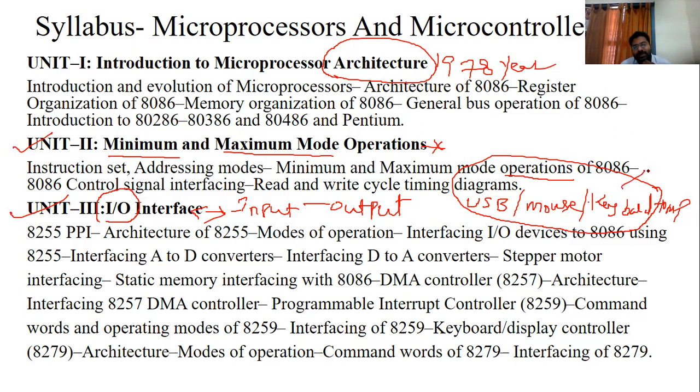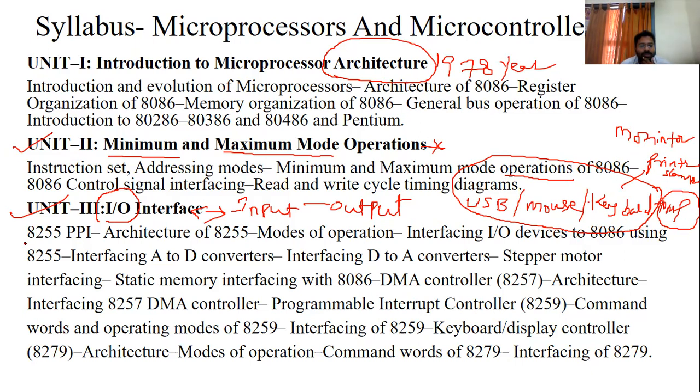These are input and output devices, as well as printers, scanners, and monitors. The microprocessor is not able to control all these devices alone, or connect all these devices alone. So that's why you need some additional devices to interface these input output devices.